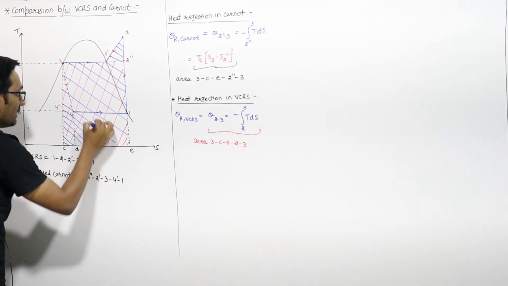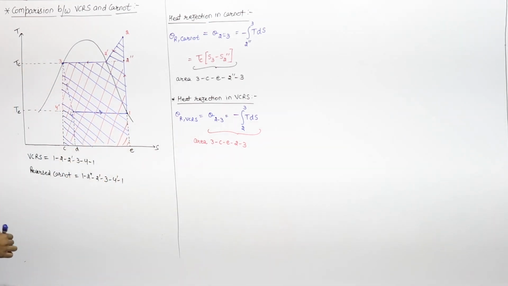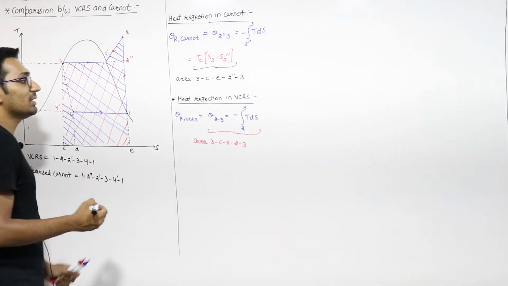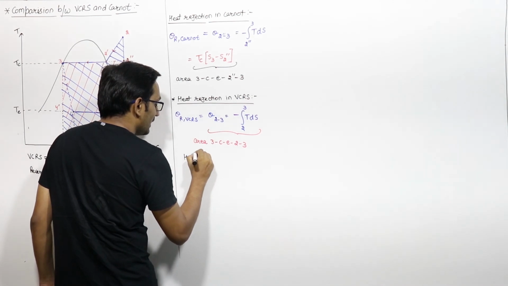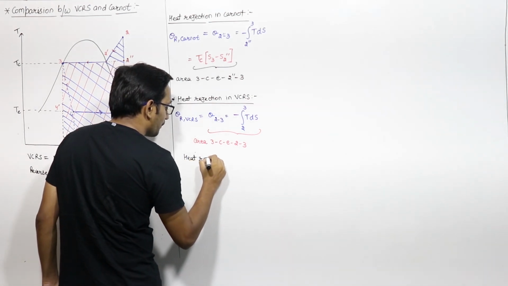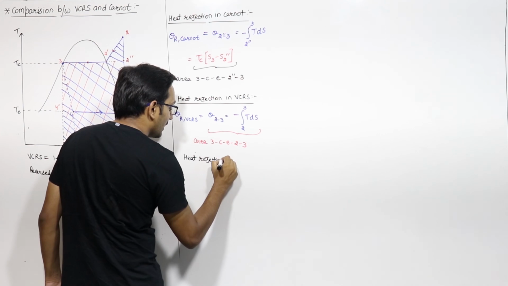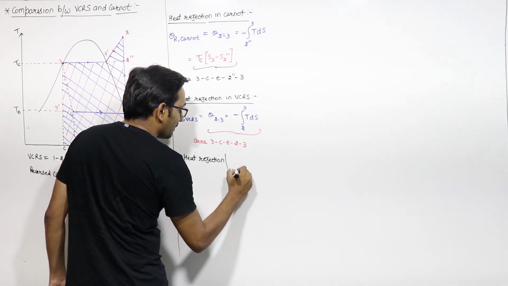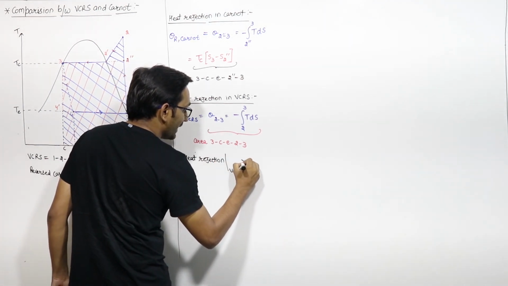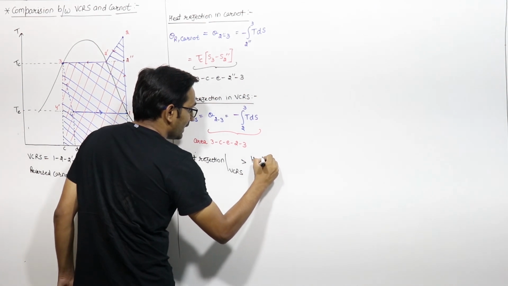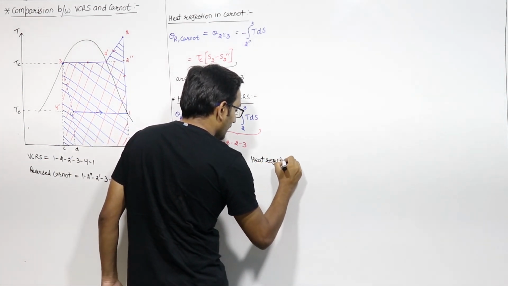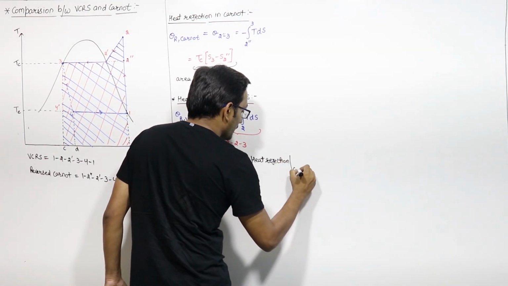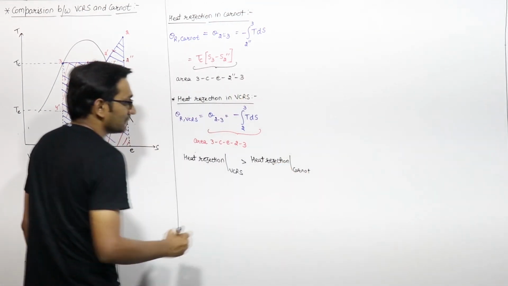So as you can see from the diagram, the heat rejection in the vapor compression refrigeration system is greater than the heat rejection in the Carnot cycle. It is more than that, right?